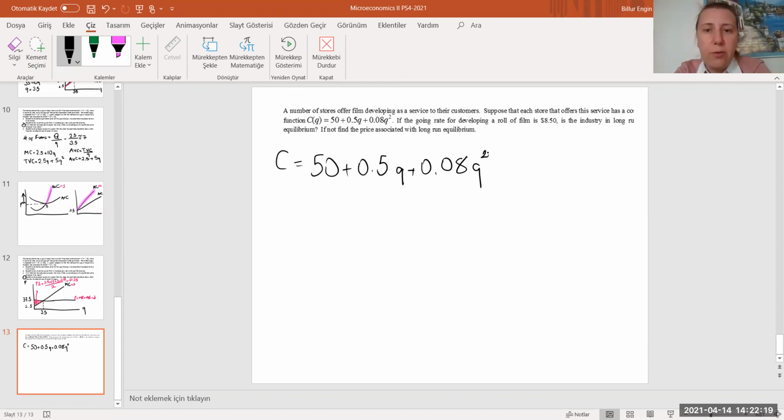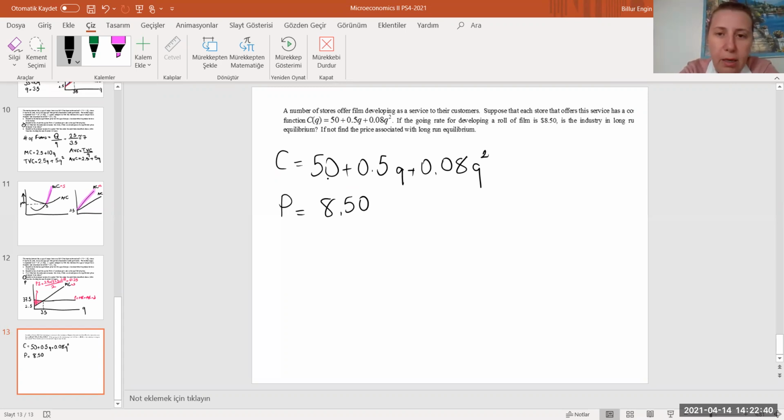If the going rate for developing a roll of film is $8.50, so the price is defined as 8.50, is the industry in long-run equilibrium? If not, find the price associated with the long-run equilibrium.